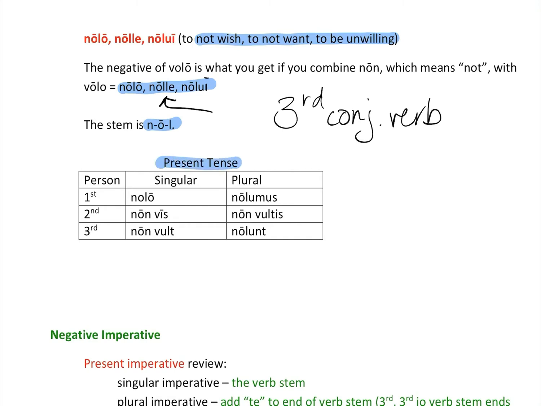So again, take a minute, go to your chart on the next page, I think it's page 14, and fill in the rest. One of the things you'll notice here is that the regular adverb non that we see with a lot of verbs is here separate, but the words split, and so it becomes a 2-word form.